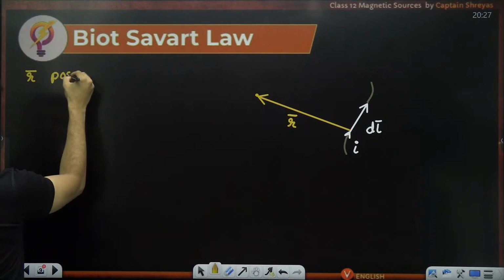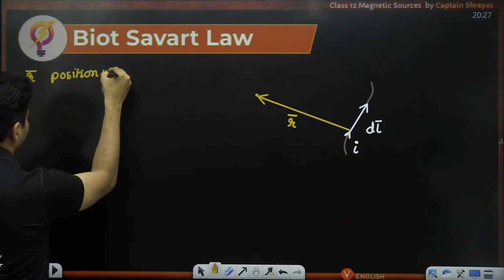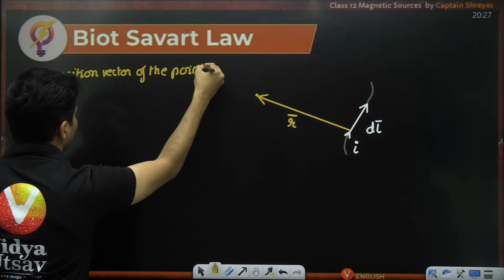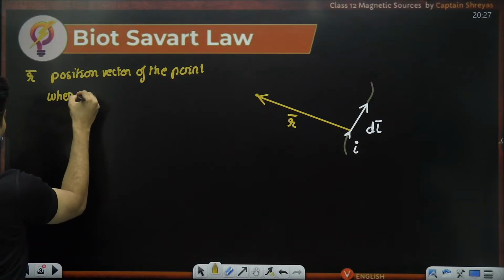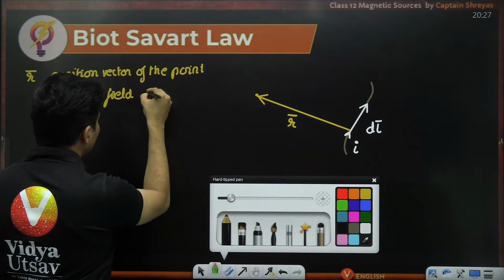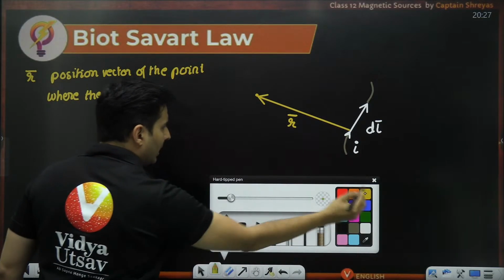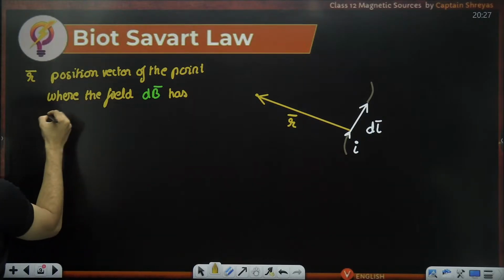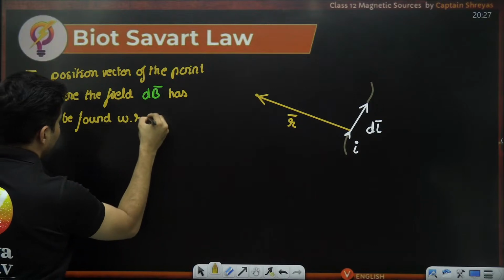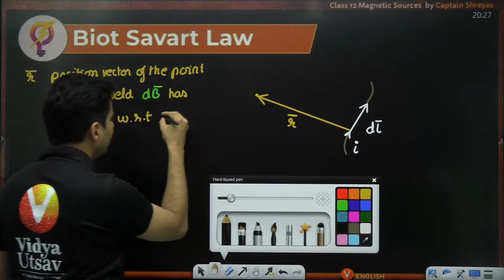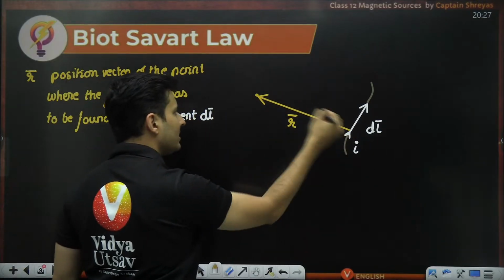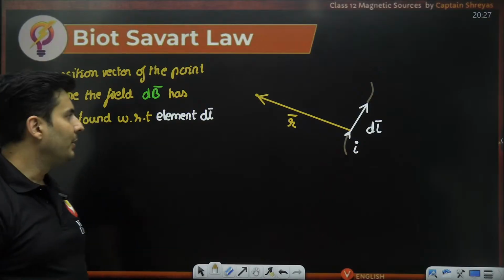It is the position vector of the point where the field dB bar has to be found with respect to the element dl. So with respect to this element, I want to figure out the magnetic field over here.